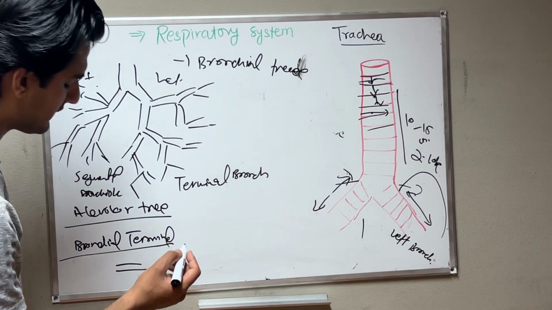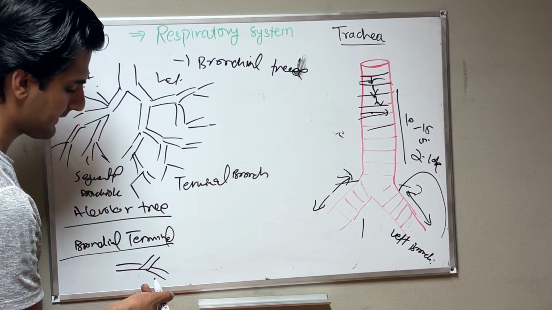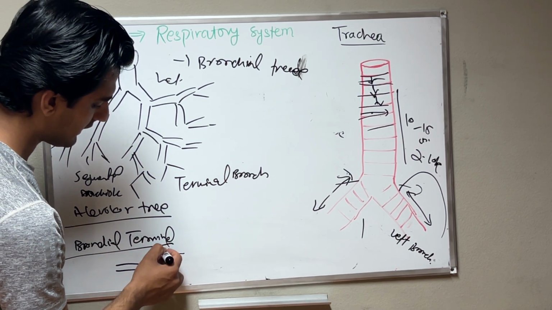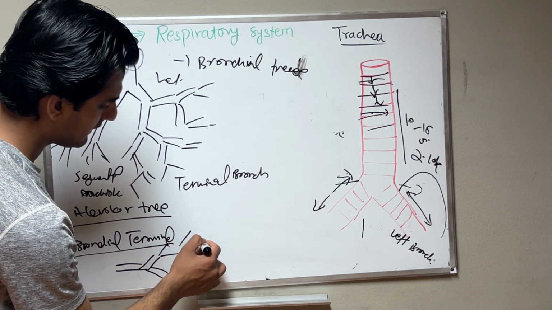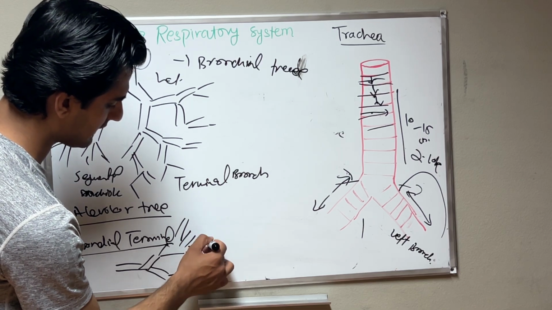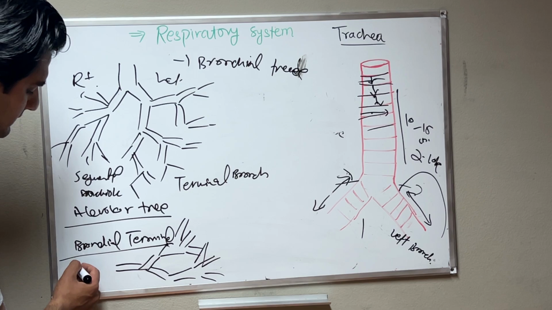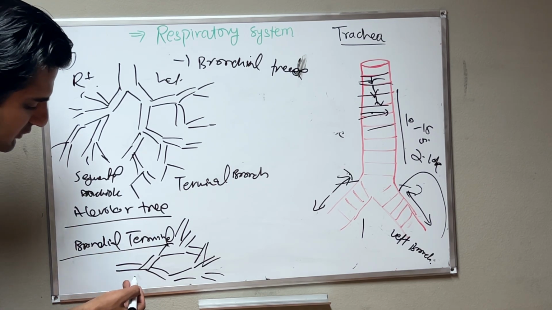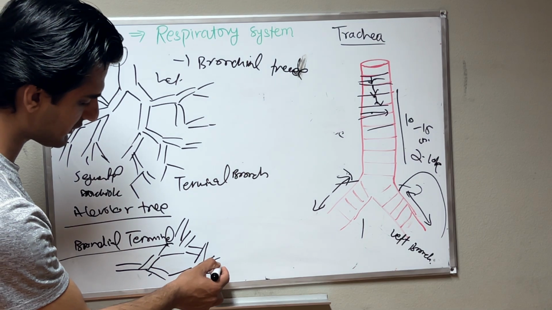The terminal bronchi are further divided into primary, secondary, and tertiary bronchioles, also called respiratory bronchioles.